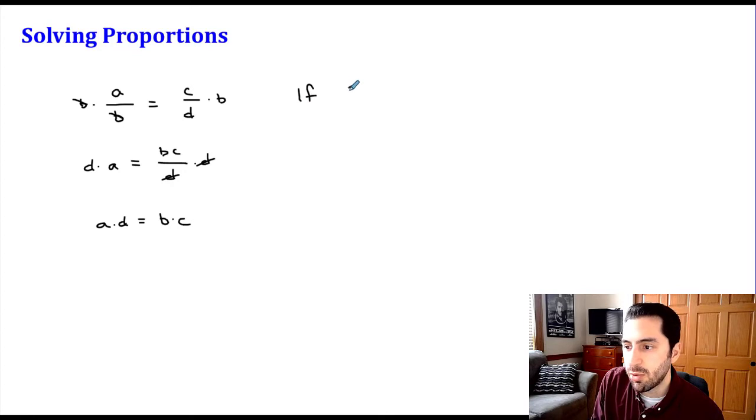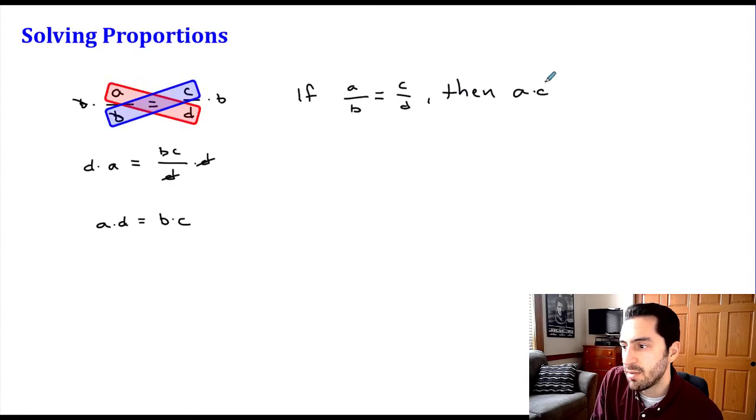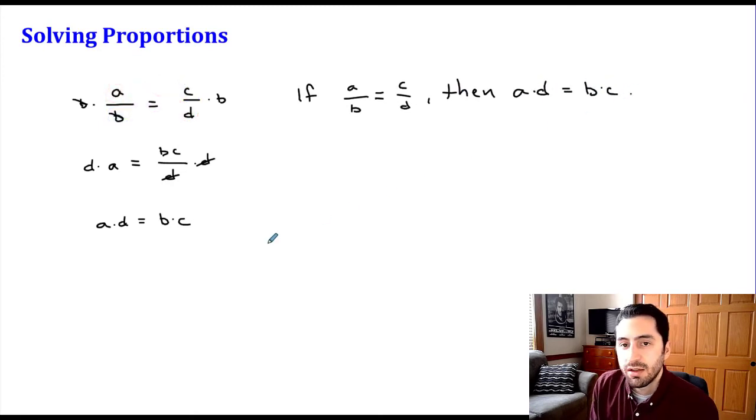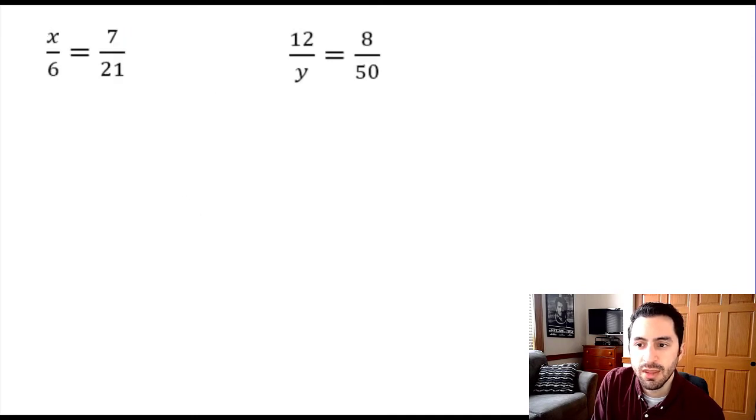So if we have a proportion, a over b is equal to c over d, then our cross product, we have a times d is equal to b times c. And this gives us a nice quick way where we can multiply this out, turn this into a regular equation, and then we can solve for our unknown. So let's do that in two examples.